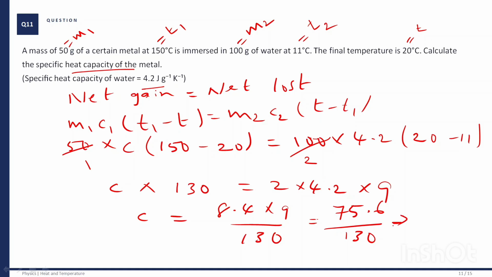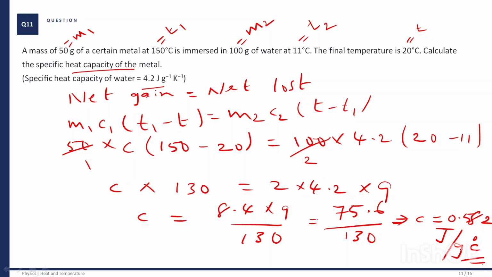That implies C equal to 0.582. The units you will get here are joule per gram degree Celsius. So the answer is 0.582. So this is the first one.